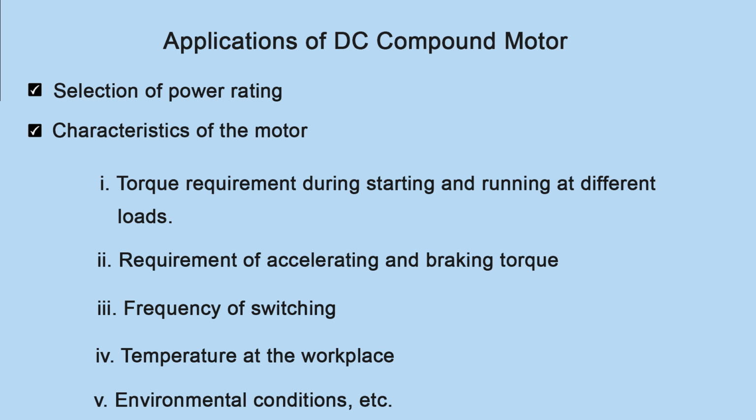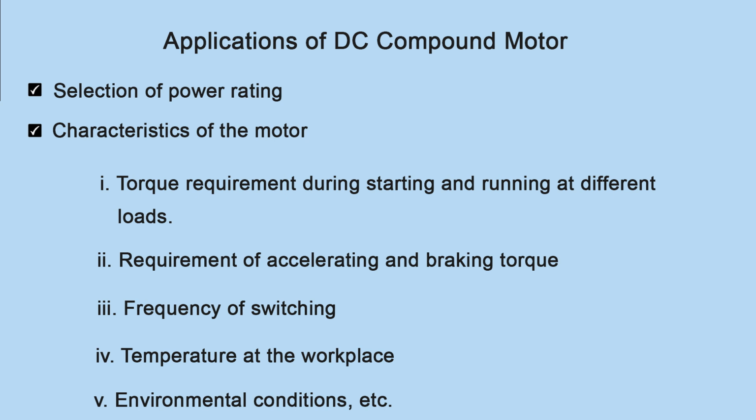Hence, there will be more losses, the motor will operate at poor efficiency, and unnecessarily there will be a wastage of power. Therefore, extra expenditure will be incurred during operation. At the same time, the initial cost will be high because we have selected an overrated motor for a particular application.